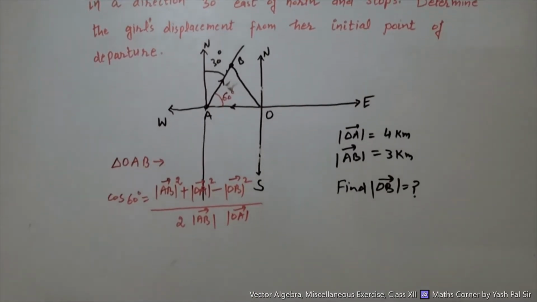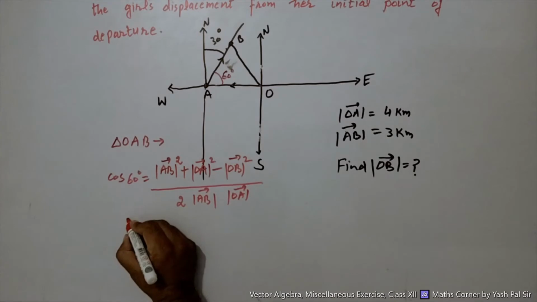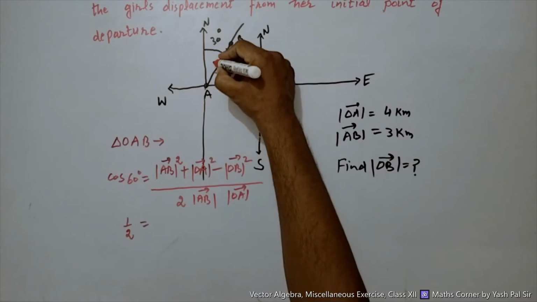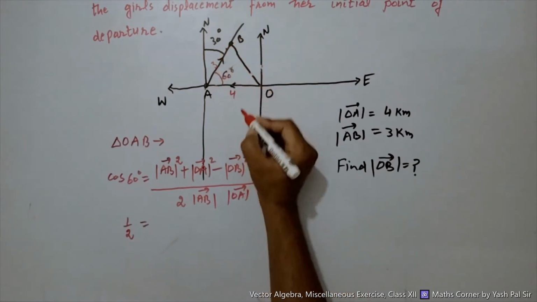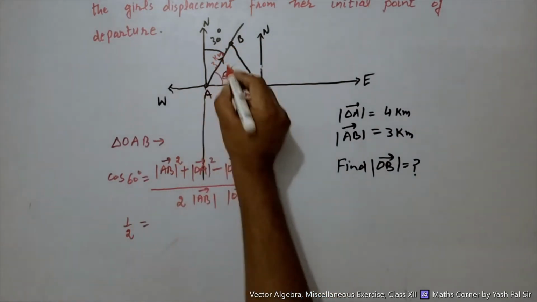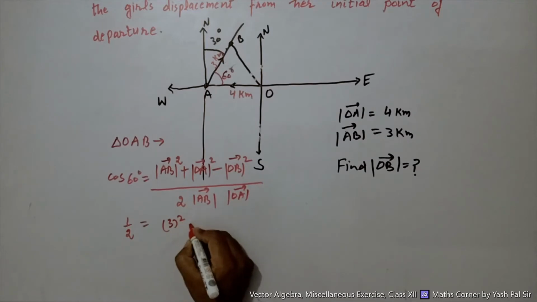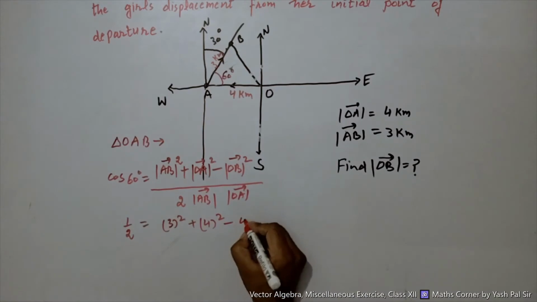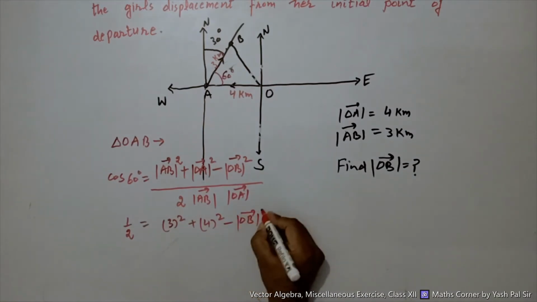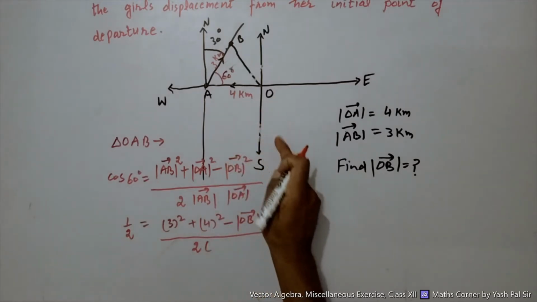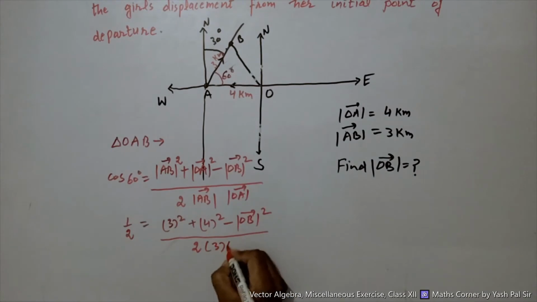So this way we have cos 60 degrees, meaning 1 upon 2, is equal to, AB is 3 kilometers and OA is 4 kilometers. So AB is 3, 3 whole square plus OA is 4, 4 whole square minus OB distance magnitude whole square, divided by 2 times AB, AB is 3, into OA is 4.